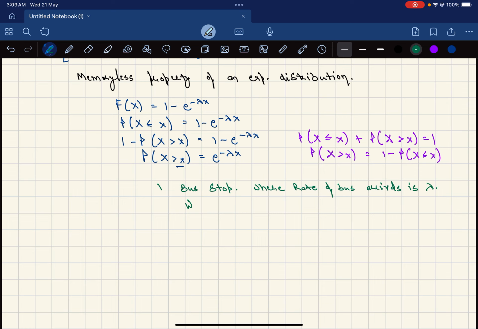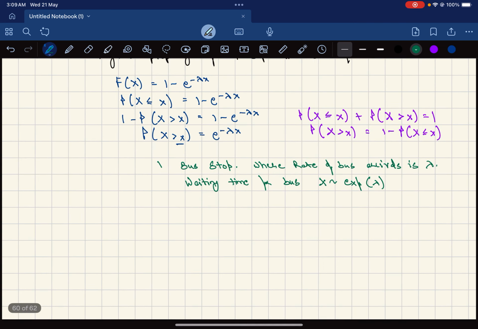Therefore the waiting time for a bus could be modeled as an exponential distribution with the rate parameter lambda. Now let us say a person comes at 8 a.m. to the bus stop, and it is already 8:10 a.m. There is no bus yet.